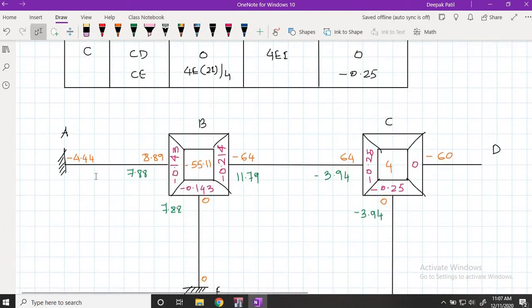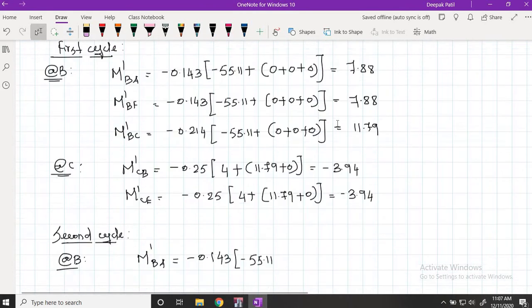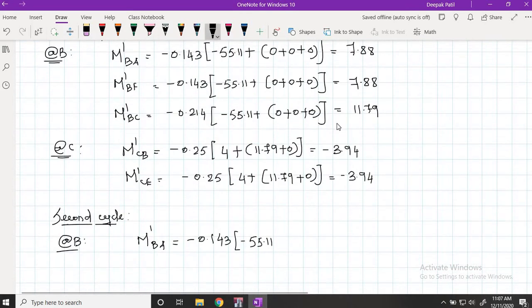Now at B, the rotation contributions from joint A and joint F will be 0. From joint C you have already calculated minus 3.94, so you have to take that. This comes out to be 8.44.